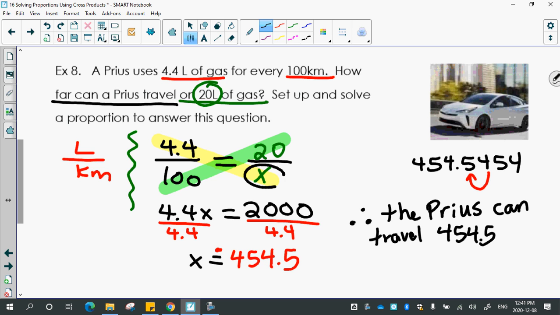So X is on the bottom, so it must be a kilometer. Okay, so therefore the Prius can travel 454.5 kilometers. All right, awesome. All right, so I have some practice for you to do.